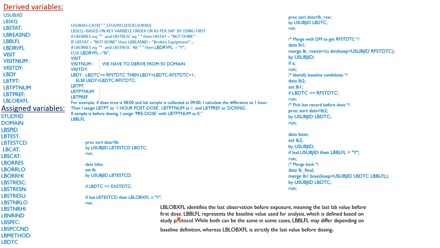The first dose value we get from EXSTDTC, so that's why we need to take it from EXSTDTC. In some cases the LB baseline flag and the last observation before exposure flag will both be the same, but the baseline flag can differ based on the study protocol.